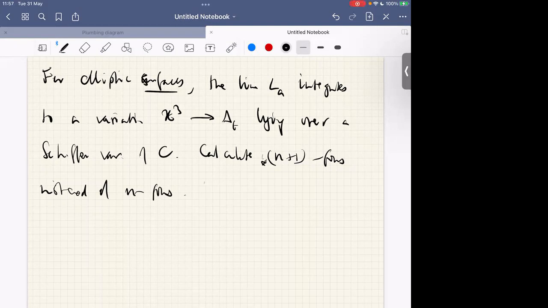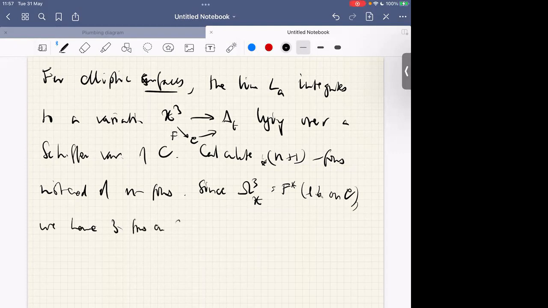But since omega-2 of x, or let's say omega-3 of x, so this picture here, I've got a capital F, since omega-3 is the pullback of a line bundle on C, we have omega J 3 forms on X, and omega J is exactly the same as in the curve case: C to the n, W, T to the n, W to the n, dz wedge dw.